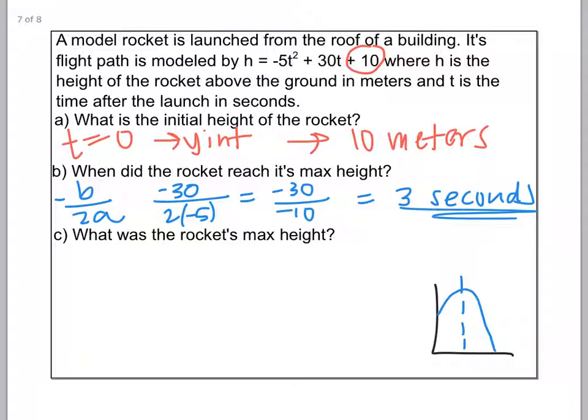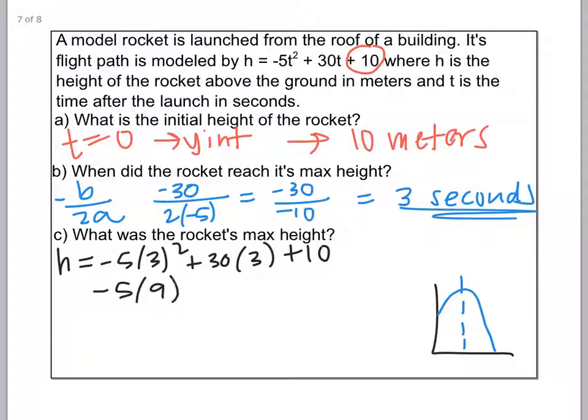What was the rocket's max height? Well, the max height is going to happen at the AOS. So we're going to go back and plug in the 3 for the 3 seconds for time. So I'm going to get h is equal to negative 5 times 3 squared plus 30 times 3 plus 10. And again, follow order of operations.